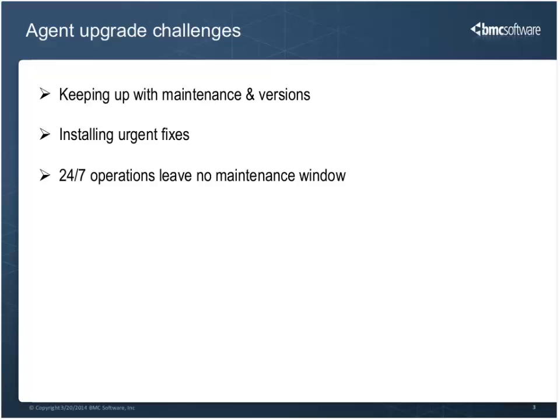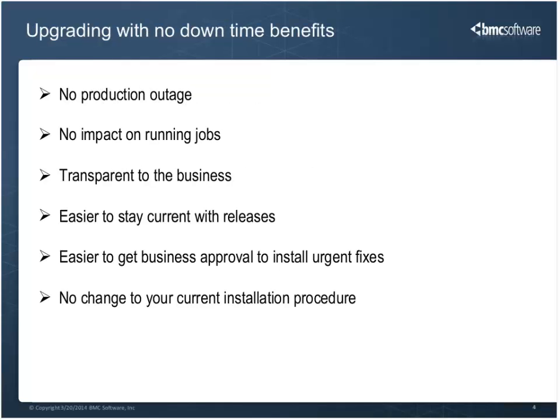And this problem is multiplied by the number of agents that the change must be applied to. Now let's take a look at the next slide and see how the upgrade with no downtime addresses these challenges.